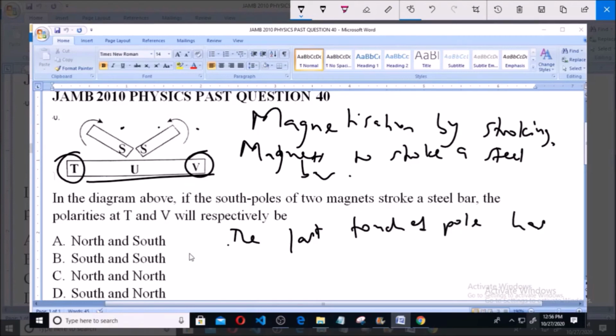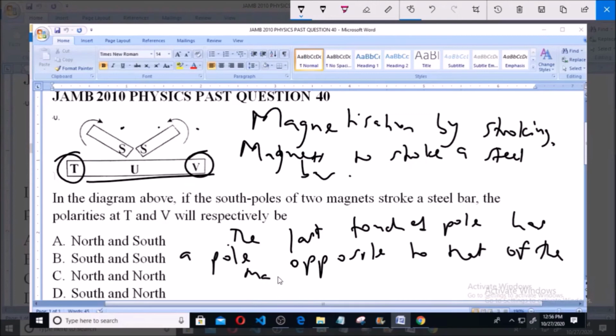Now in magnetization by stroking, the last touched pole has a pole opposite to that of the magnet used. This is the rule for it. So in this case, since south and south is used to touch, the poles at the ends will have a pole that is opposite to that of the magnet used.